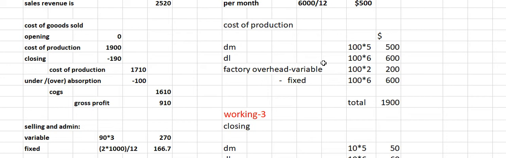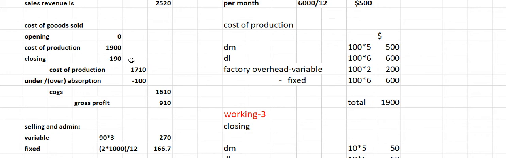Factory overheads variable portion is total 200, because per unit is $2 and total production was 100 units. And fixed overheads are $6 per unit and total production was 100, so total $600. So the total cost of production is 1900.